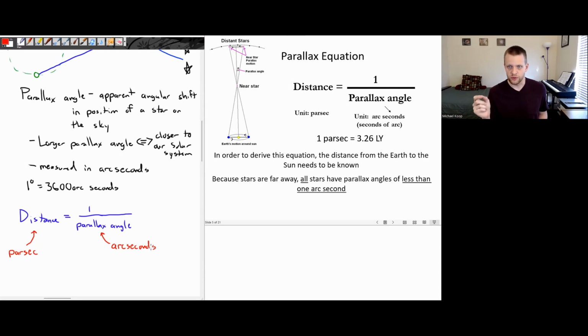I know these terms are confusing. Parsec is a unit of distance. Arc seconds is a unit of angle. Okay. And 1 parsec, or pc for short, is equal to 3.26 light years.